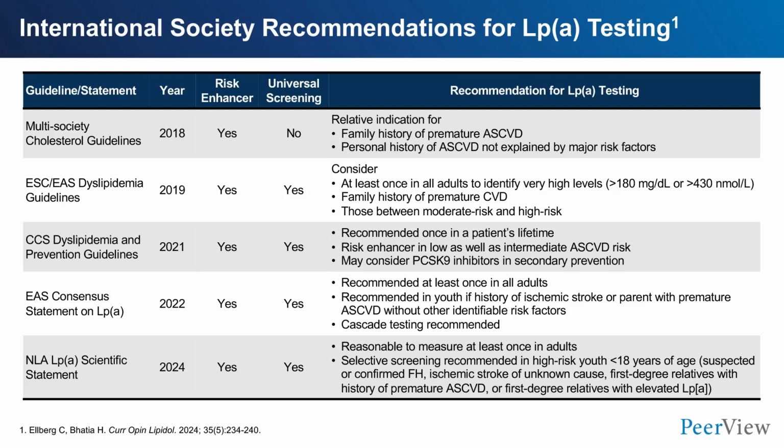But since then, the European Society of Cardiology, the ESC, the Canadian Cardiovascular Society, Dyslipidemia Prevention, the European Atherosclerotic Society, and now the National Lipid Association this past year, finally, all have agreed that universal testing should be performed in adults over age 18. And actually, I think it probably should be done even before then, which it probably will be eventually, to see if you have this risk factor.